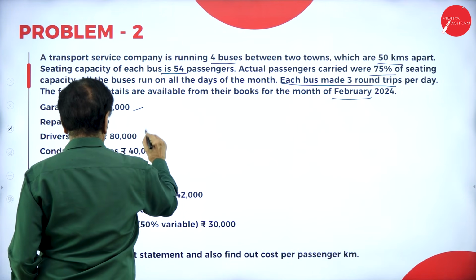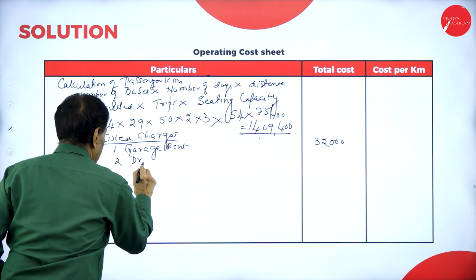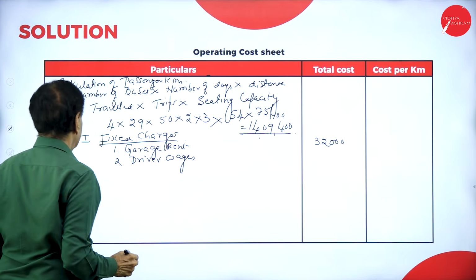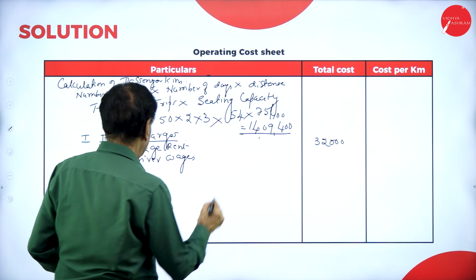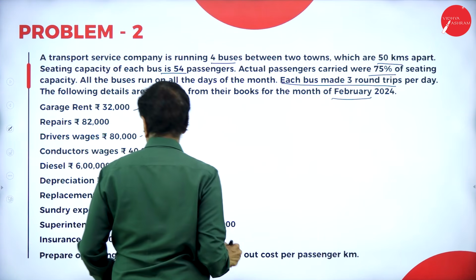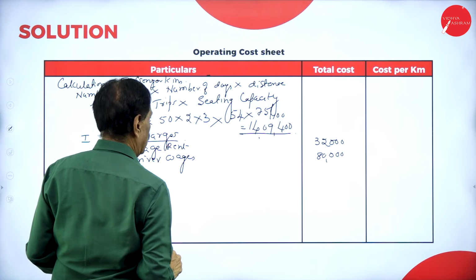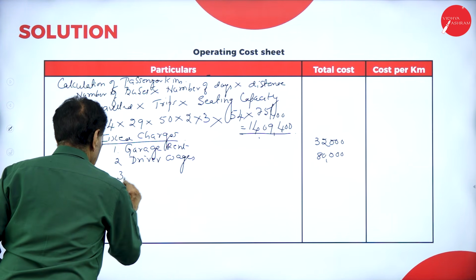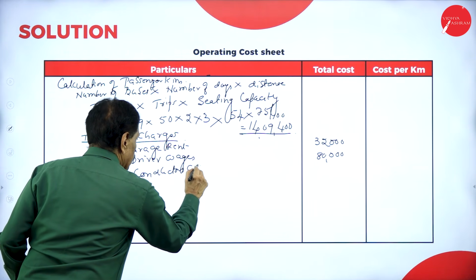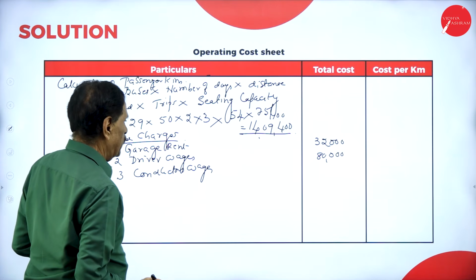Then driver wages 80,000. This over, conductor wages 40,000.